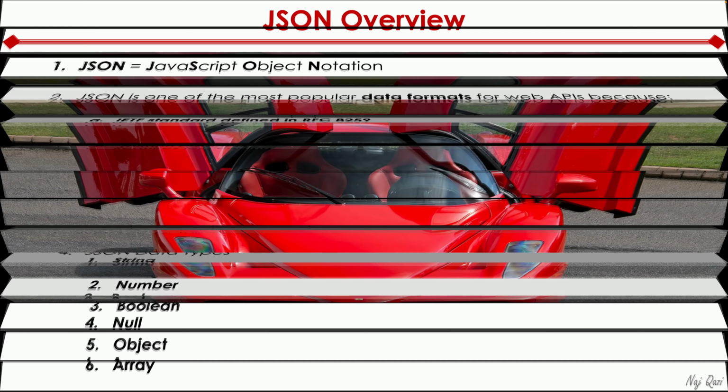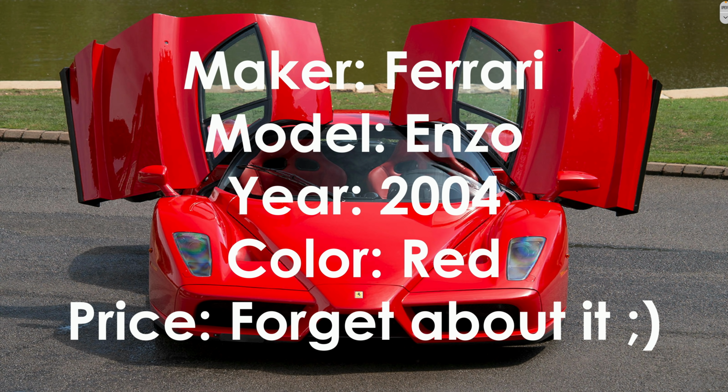Well, obviously it's Ferrari. So what I'm saying is this is the key and this is the value. Like I said, it's the key value pair idea. Well, what's the model? It's an Enzo. What year? 2004. Color, red. Price, forget about it. Because it is very ridiculously priced.